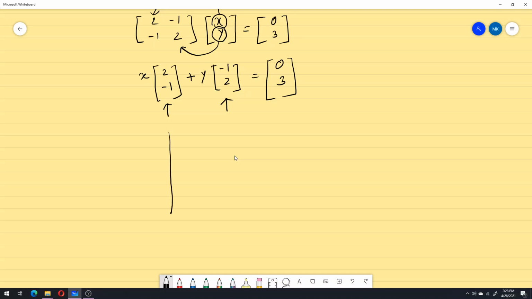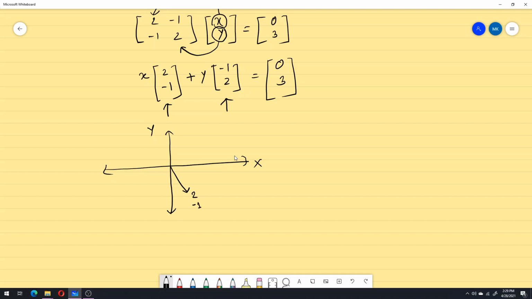So this is x, y. Let's say this is the first vector, which is 2, -1.